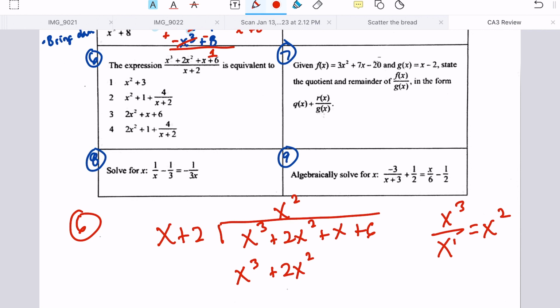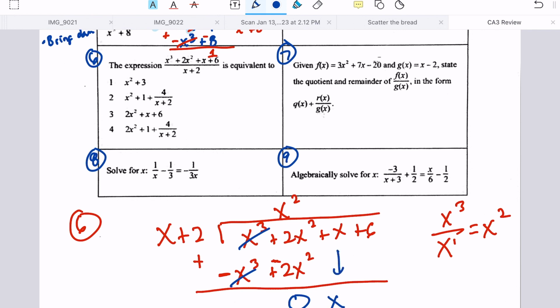Guys, make sure you follow along. So now we're going to change all the signs. This is going to become negative, negative. So what ends up happening, this cancels out. And then we have 2x squared minus 2x squared, well, that is 0. So now we bring down the x.